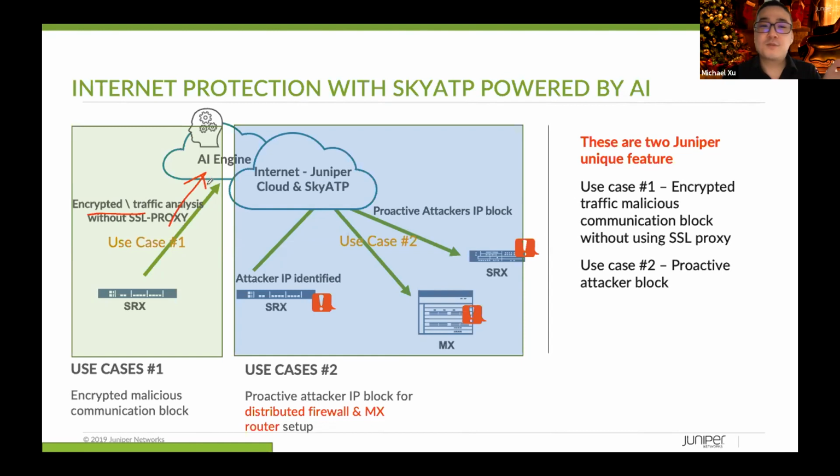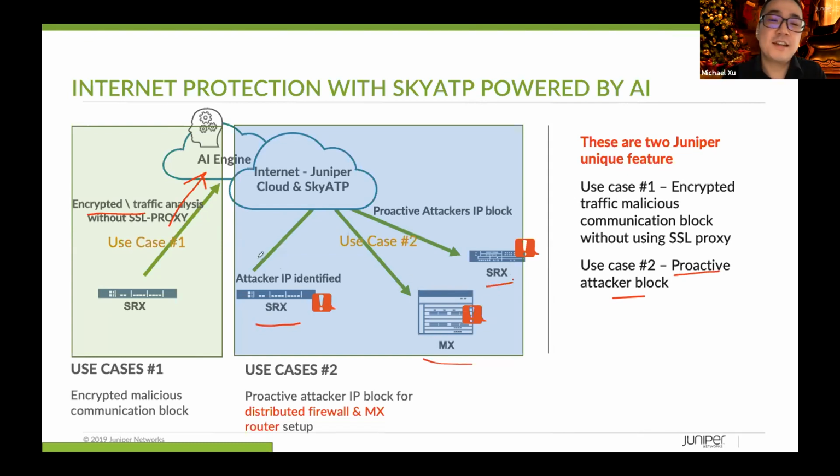But now let's move on to the other feature, which is also very unique in the industry, the proactive attackers block. It's pretty easy to understand: just block the attacker proactively before the attacker even reaches out to you. Basically how it works is, we have a couple of SRX or MX routers set up in a distributed manner across the world.